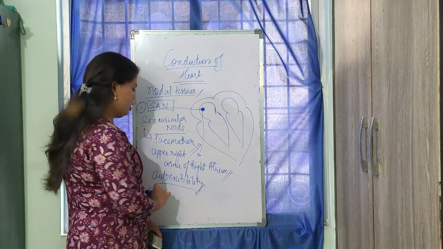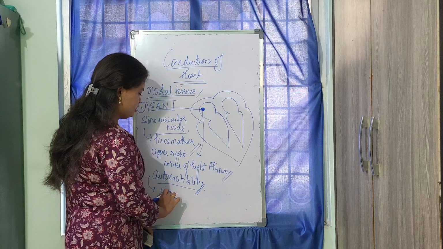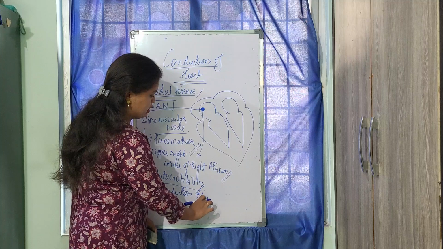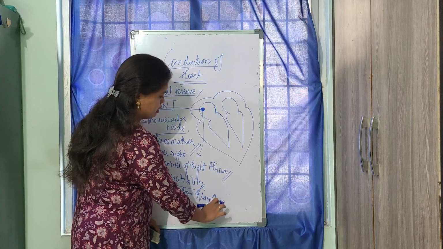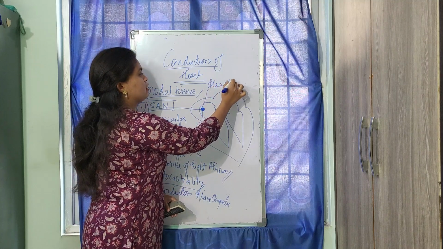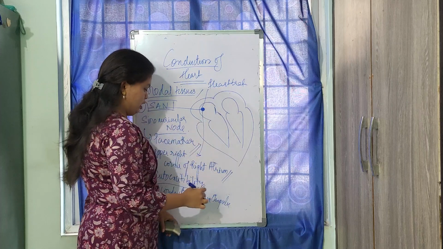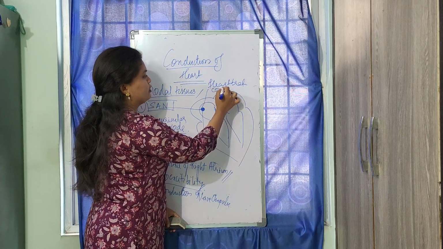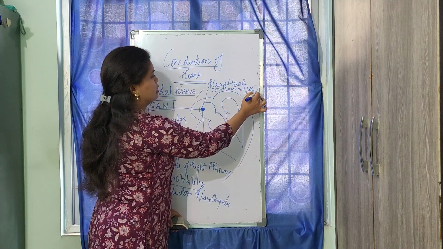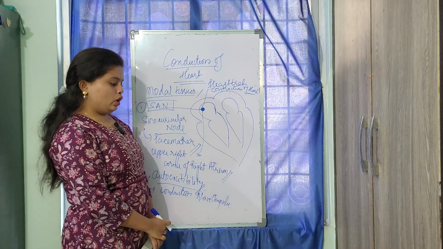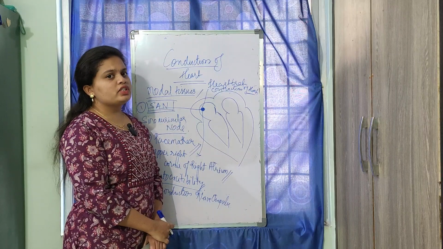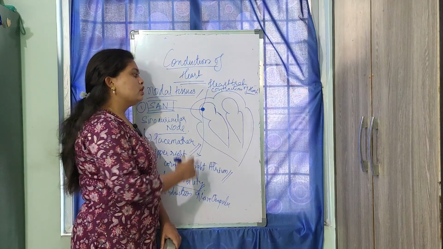It is responsible for conduction of the nerve impulse, conduction of heartbeat, and contraction of the heart. So it's a very important nodal tissue which is going to generate the heartbeat.